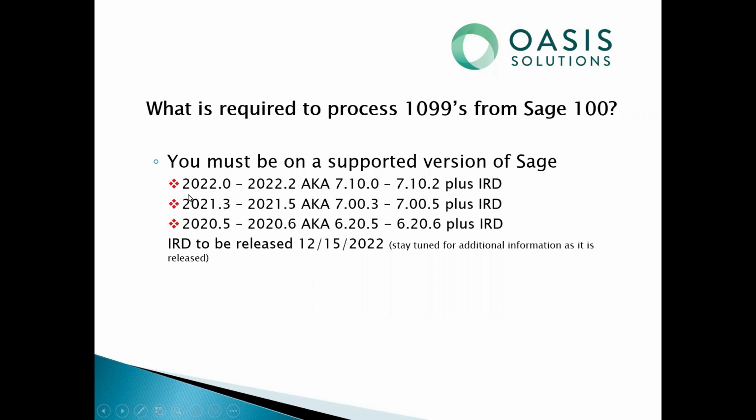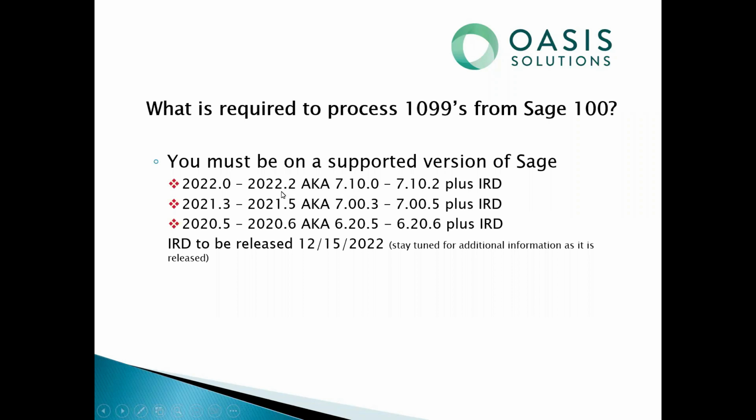But you'll notice how each of these versions have some specific numbers after them. So like on this slide, 2022.2, you need to be on 2022, and that .2 refers to a product update. That gives you all the most recent changes that have been made to the 1099 forms. Depending on where you're looking at in Sage for your version number, you may see it listed as 7.1.